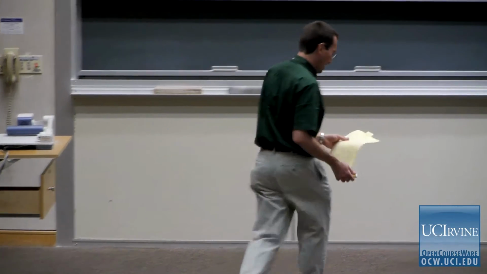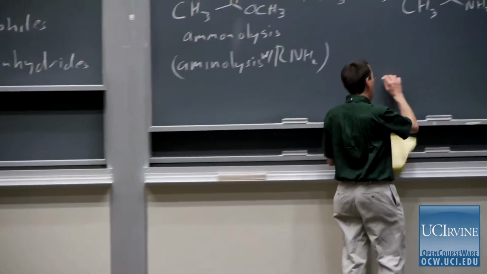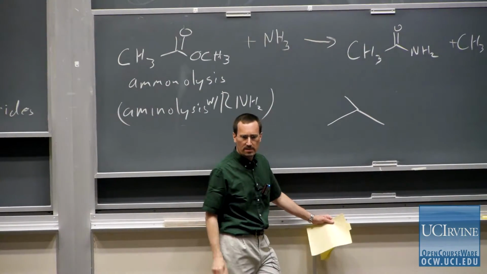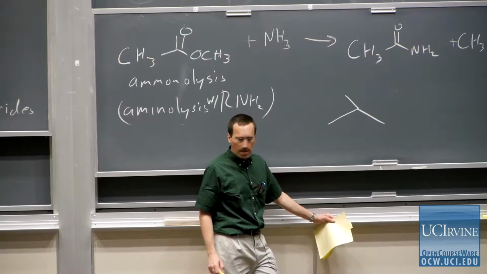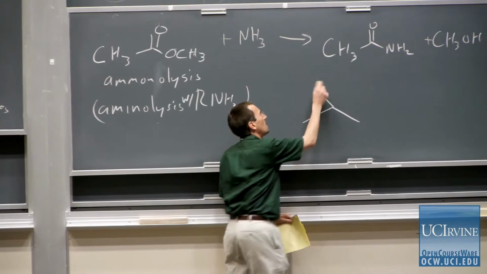And the mechanism for this, I'm not going to write it out in gory detail because you've seen all of the principles with acid chlorides and anhydrides. The ammonia is a nucleophile. It has a lone pair of electrons on it.